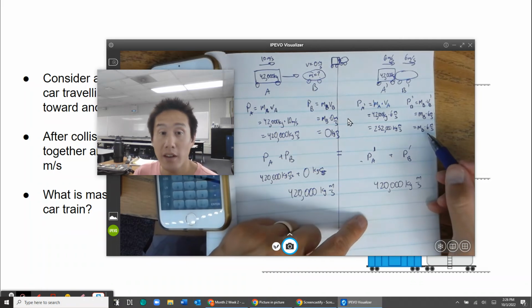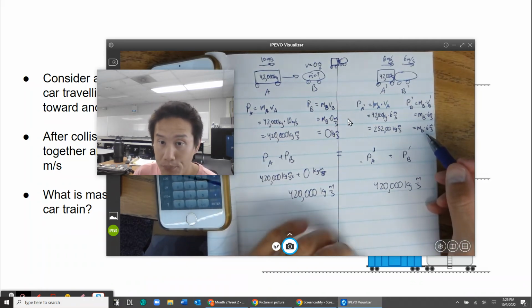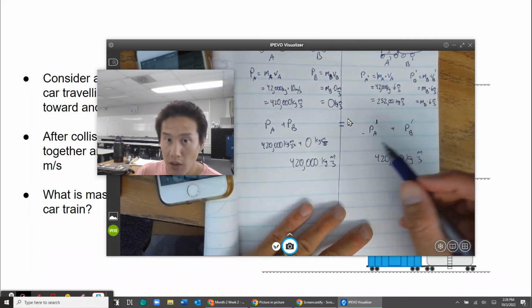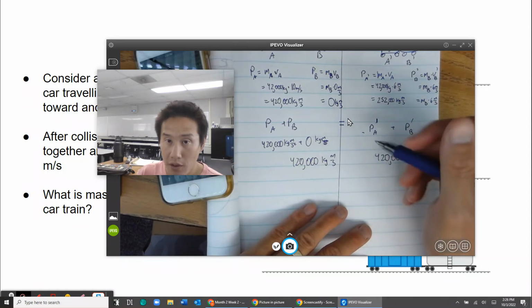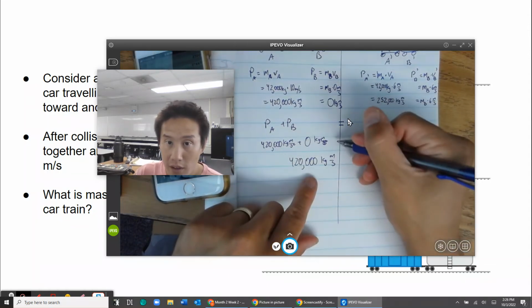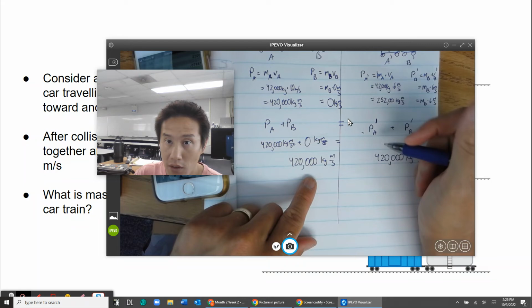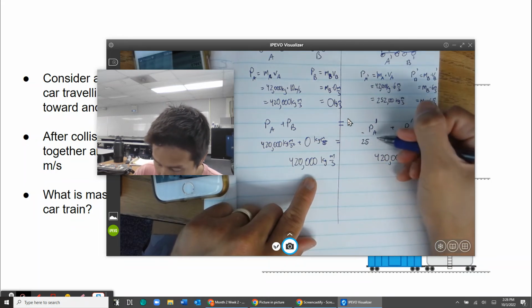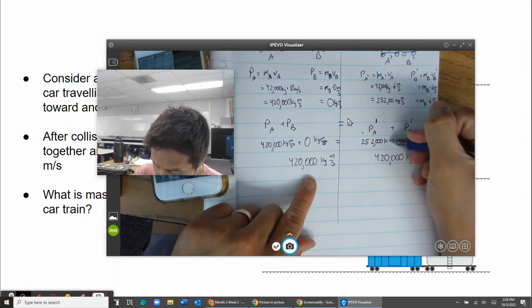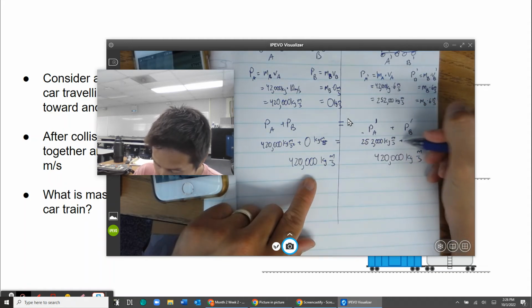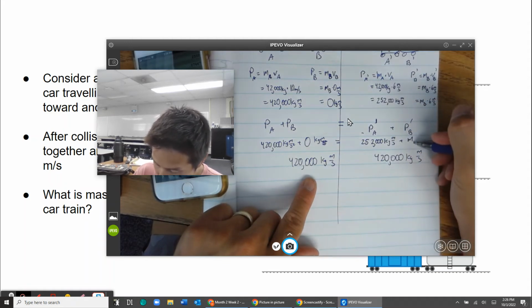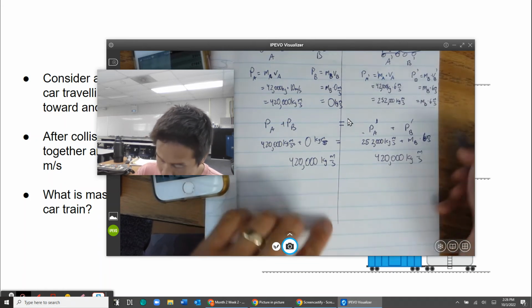So this is the new scenario that we have. This is equal to 252,000 kilograms meters per second plus MB times 6 meters per second.